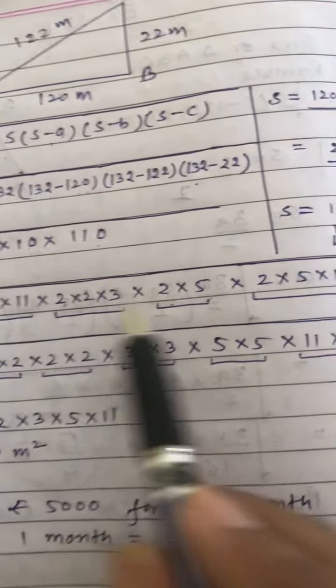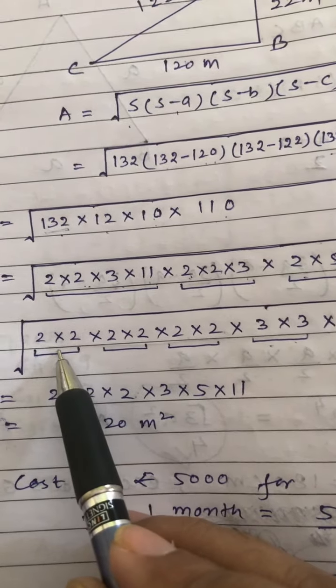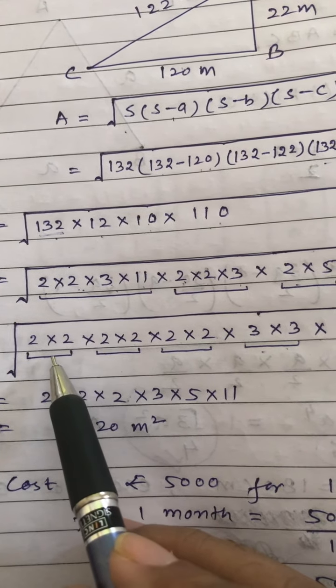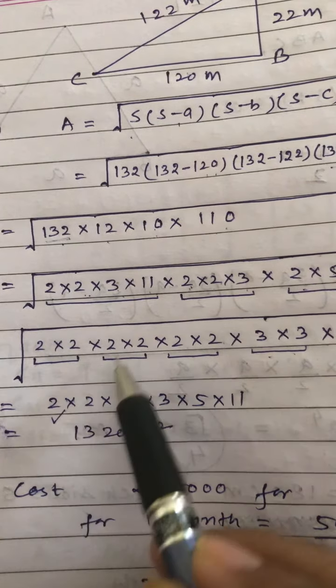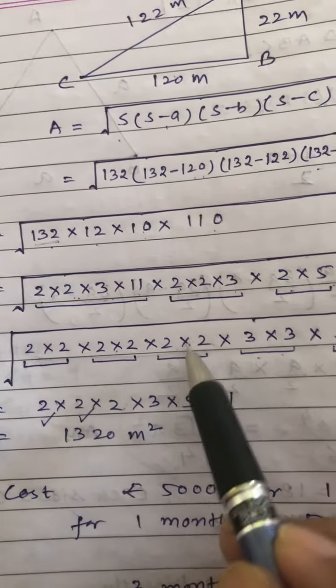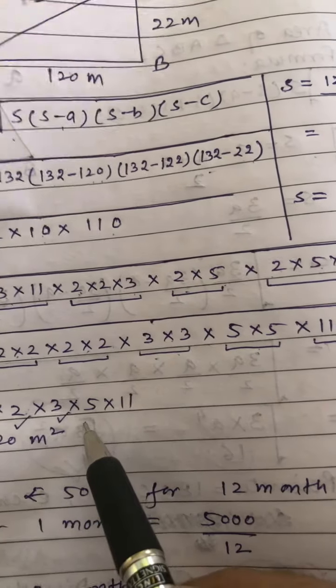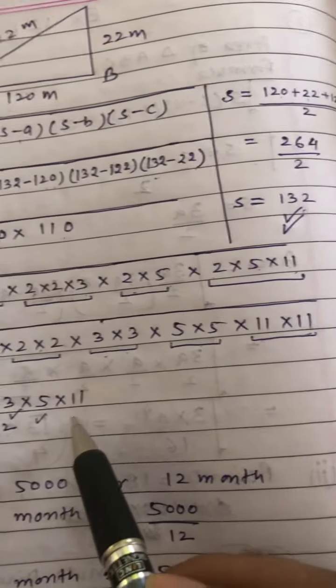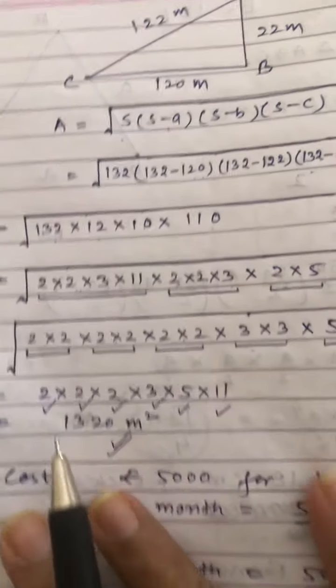So out of these 6 2's, we can form 3 pairs. Out of the first pair, 2 will come outside the root sign, and one 2 from each further pair. Here 3 will come, here 5 will come, and out of these 11's, 11 will come. So on multiplying this, the area is 1320.